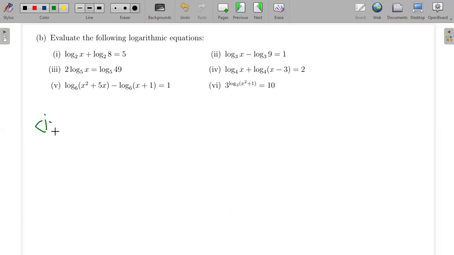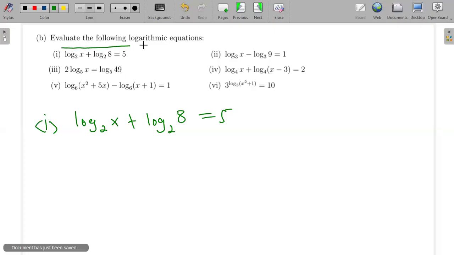So the first one, we have log base 2 of x plus log base 2 of 8 is equal to 5. Here they're saying evaluate the following logarithmic functions, meaning that we are looking for the value of x. The funny thing is that if you don't know how to convert from logarithms to exponentials, you can't solve this question. No wonder it was important for us to solve question 1.